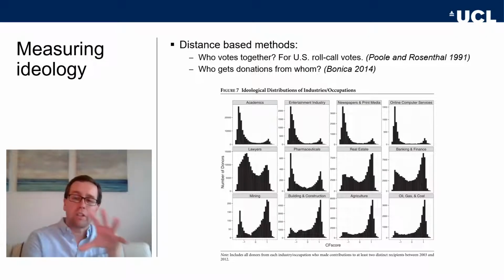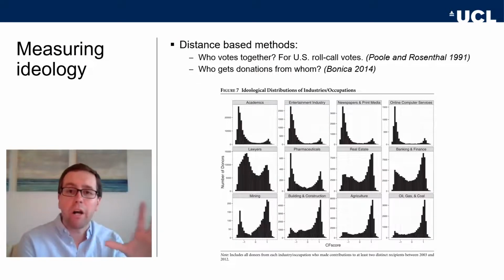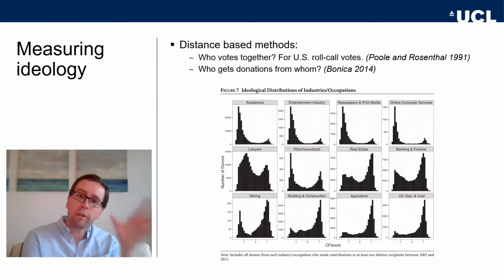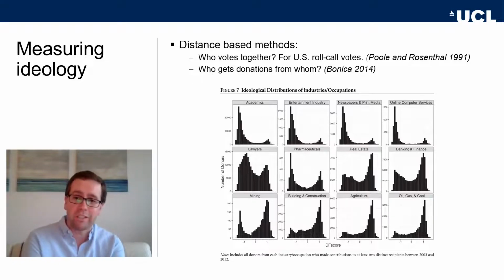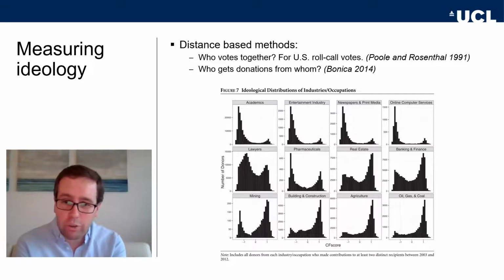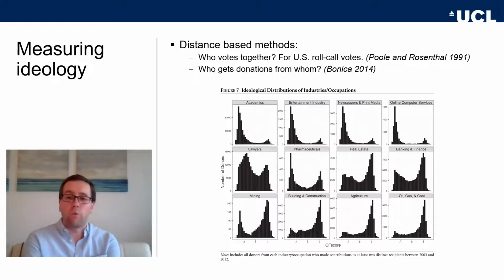And so the industries that give more money to right-wing candidates should be more right-wing, and the industries that give more money to left-wing candidates should be more left-wing. And you can see academics in the first place, they tend to give to left-wing politicians, and the oil and gas and coal industry gives to right-wing politicians. So no surprises here. Okay, again, using relative proximity to get at ideological similarity.